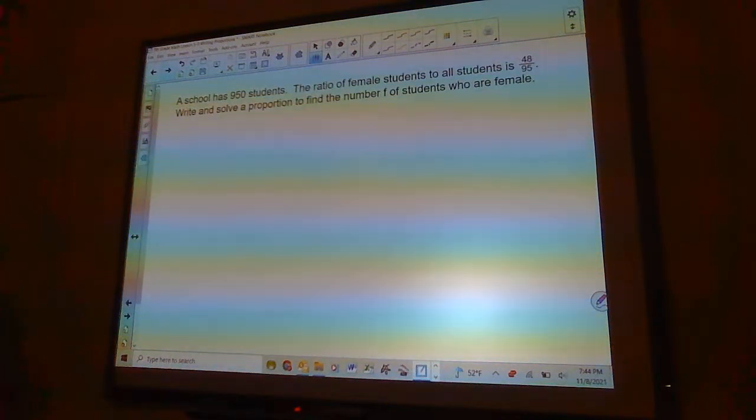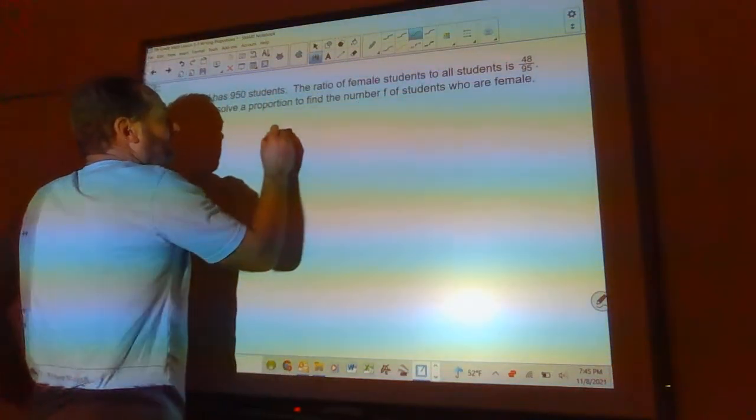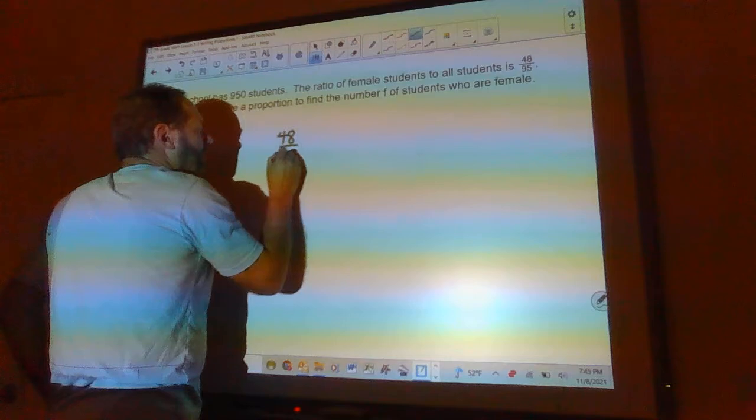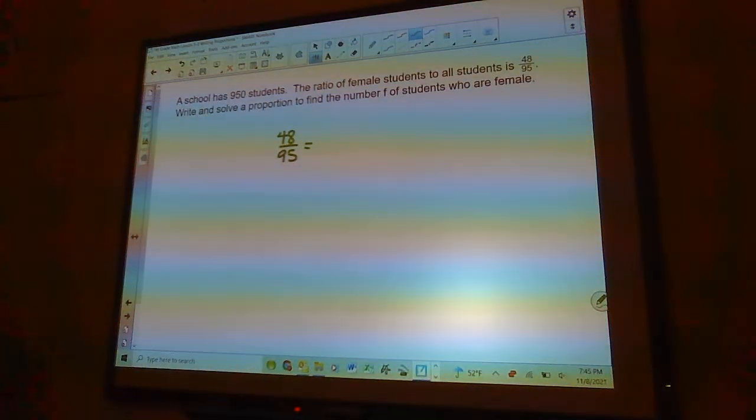A school has 950 students. The ratio of female students to all students is 48 to 95. Write and solve a proportion to find the number f of students who are female. So I know that 48 over 95 is the ratio of females to males.